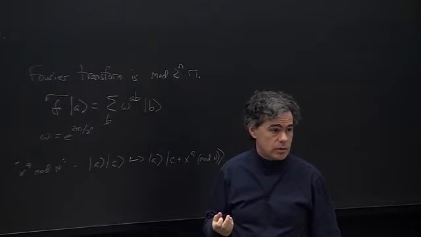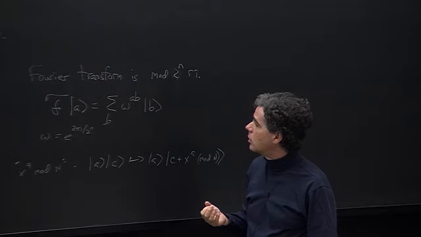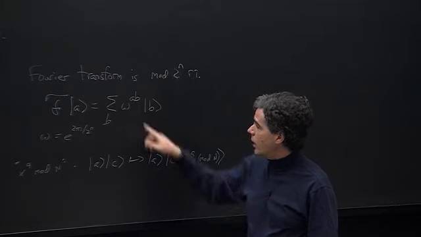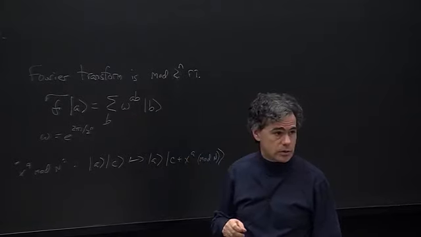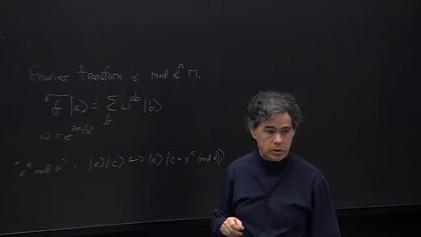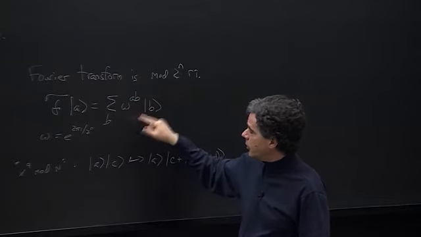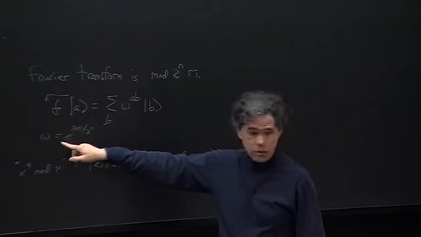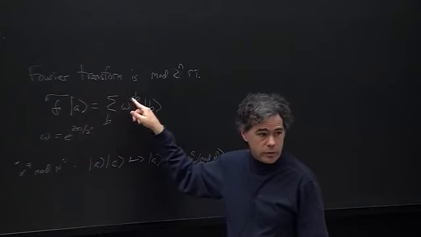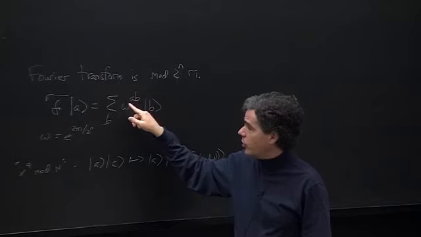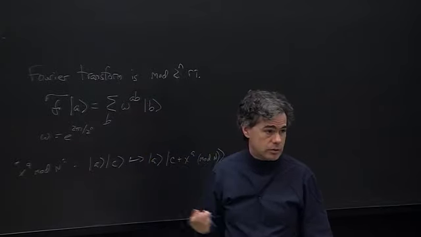I'm just wondering about the power omega AB. Is that omega to the a times b? Yeah. This multiplication is mod 2 to the n because omega is 2 pi over 2 to the n. So if you have a factor of 2 to the n here, it just gives 1.